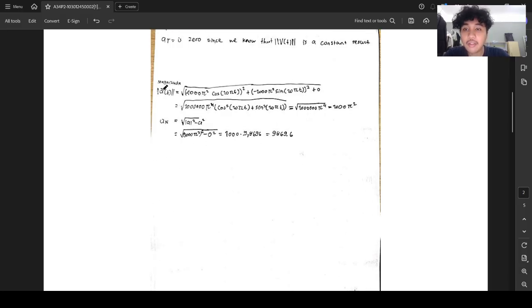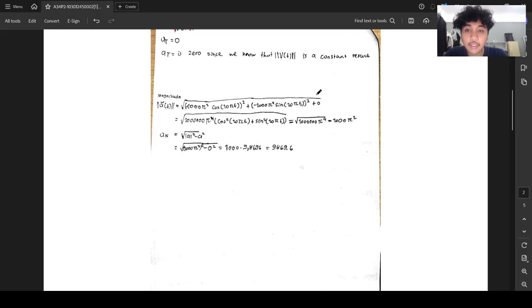And now we're going to find the magnitude. The magnitude is of the acceleration a(t). So here's the formula. Here we're going to take the square root of this value. After we got it, this is the formula of a_N. Here's the formula of a_N, and we already found this value, and we plugged it in here.